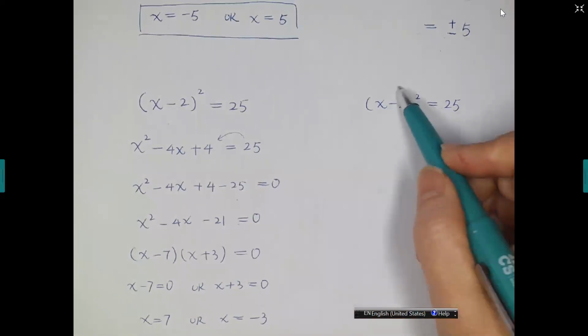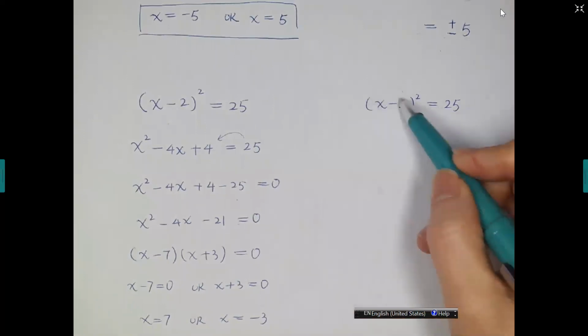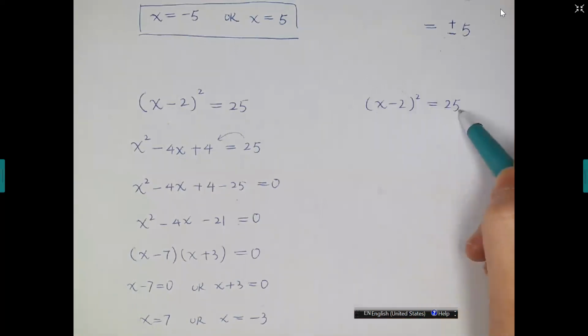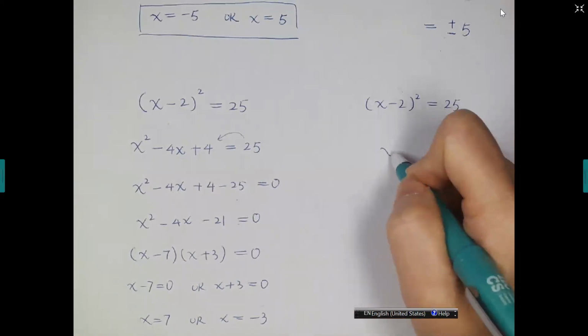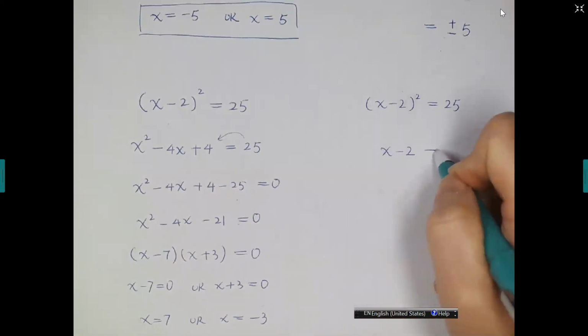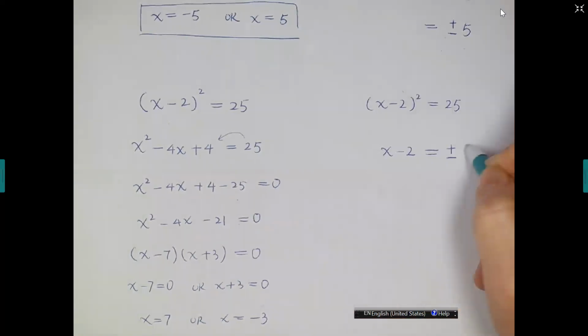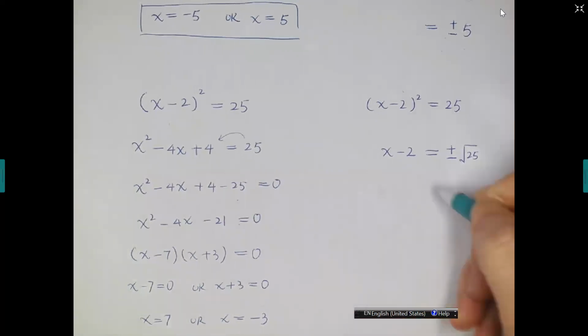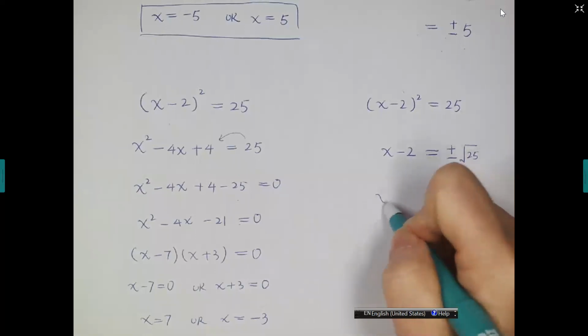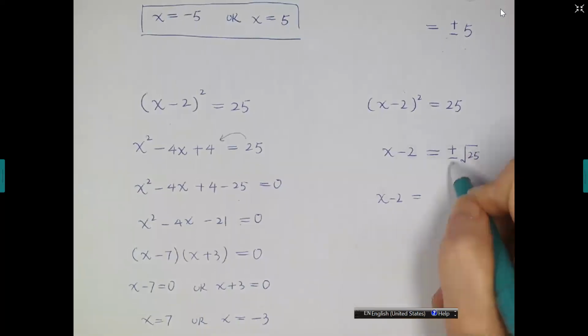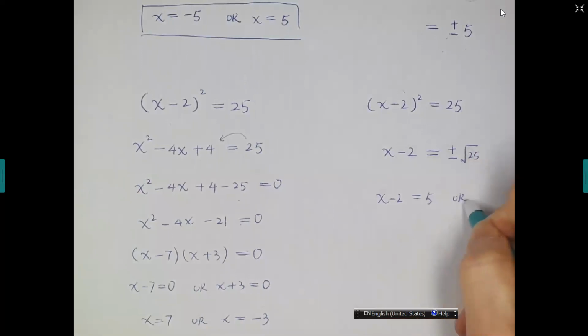So I know something, whatever the parentheses here, something squared equals 25. Then the base x minus 2 will be equal to either positive or negative square root of 25. So we know that square root of 25 equals 5. That tells us x minus 2 equals positive 5 or x minus 2 equals negative 5.